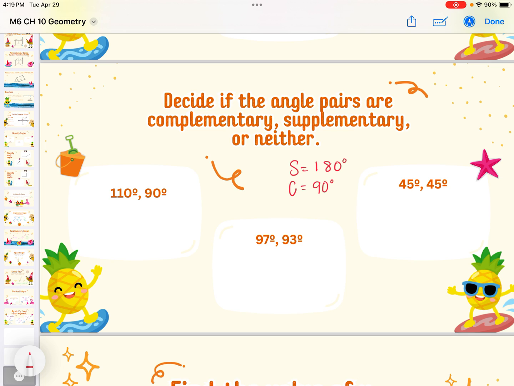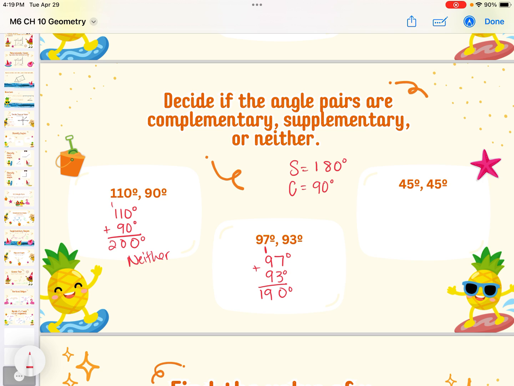Okay. So let's check. We have 110 degrees plus 90 degrees. We get 200 degrees. So these are neither complementary or supplementary. Now we have 97 degrees and 93 degrees. Again, 10. 1 plus 9 plus 9 is 19, so 190 degrees.